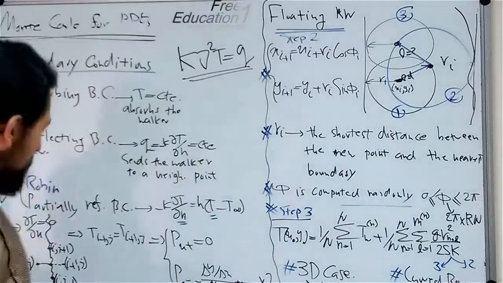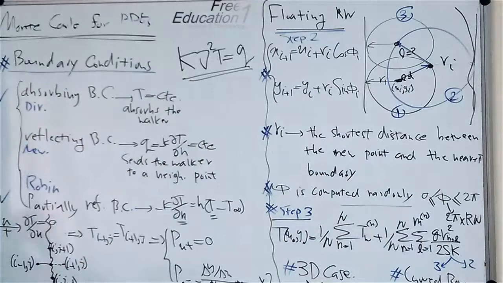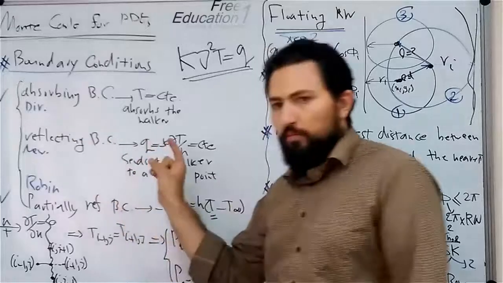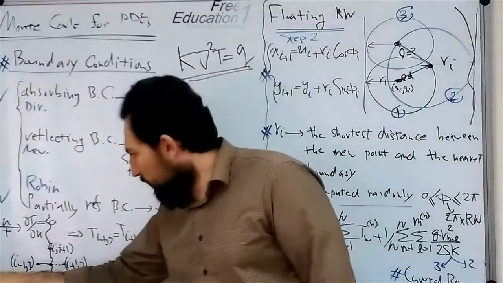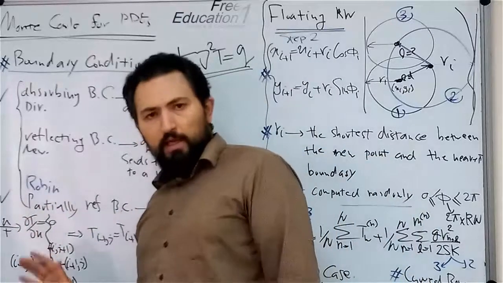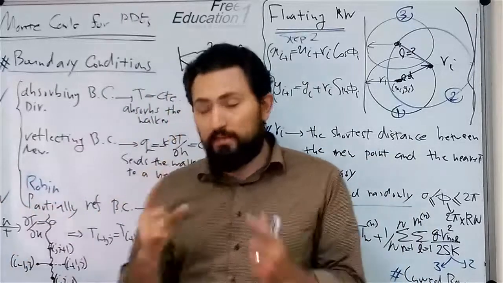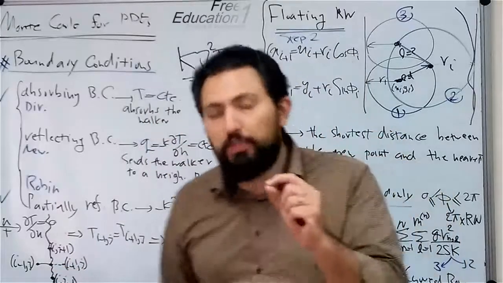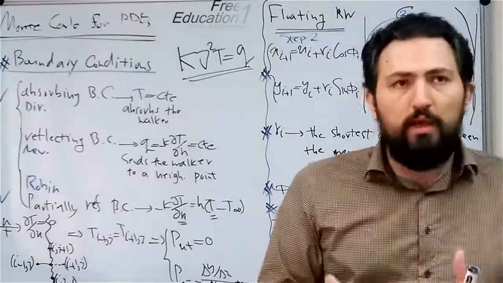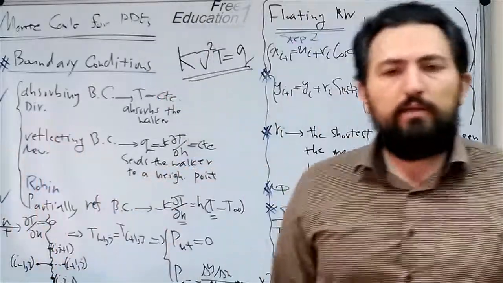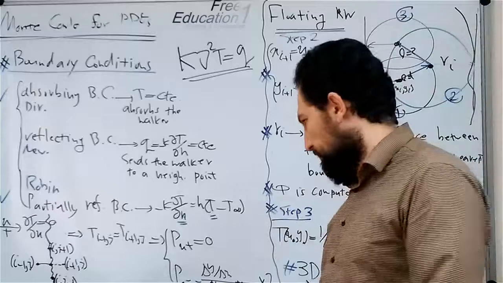But when you reach this node on the wall, you will continue the process with a new relation just for this node. So this is a reflecting boundary condition because the random walker which hits this wall will come back, will go back into the internal nodes, but just for the process at the wall, you have to use another modified form of the discretized equation.